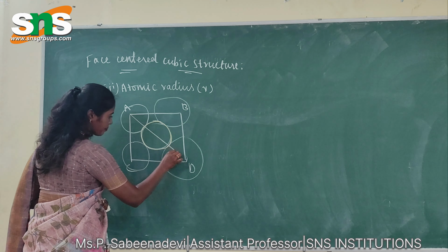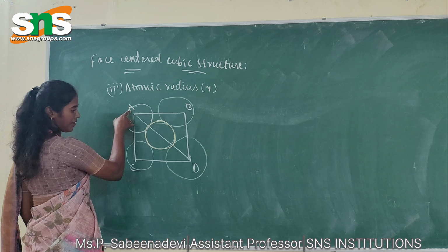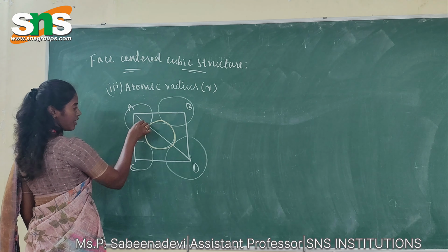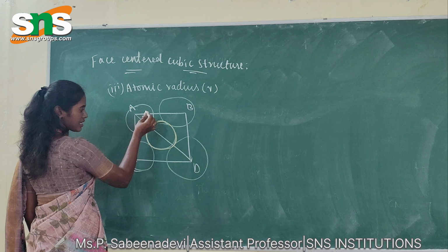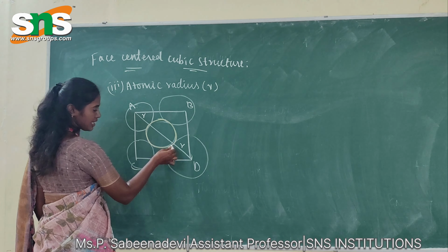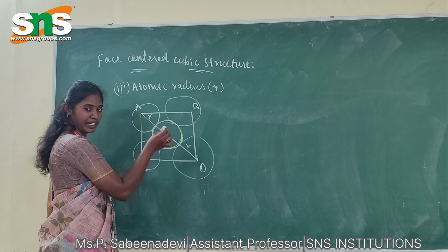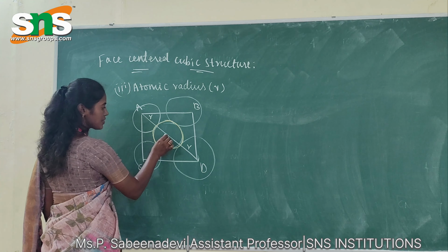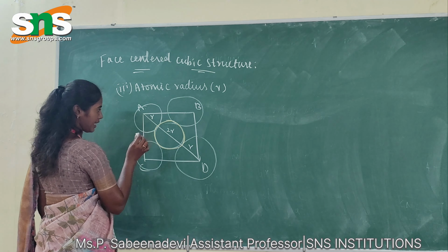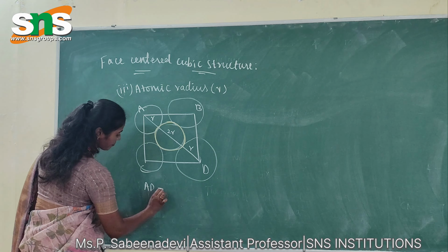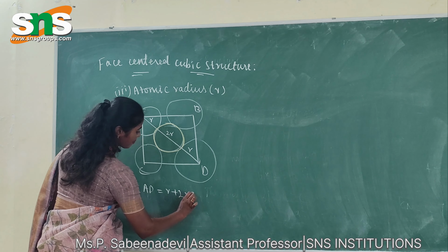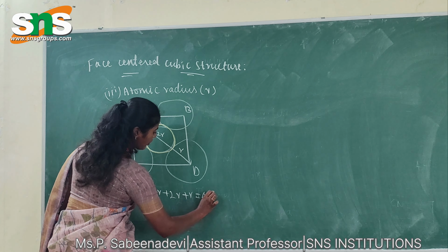The diameter from A to D: atom A has radius R, atom D has radius R, and the atom in the middle of the face has diameter 2R. So AD is equal to R plus 2R plus R, which is equal to 4R.